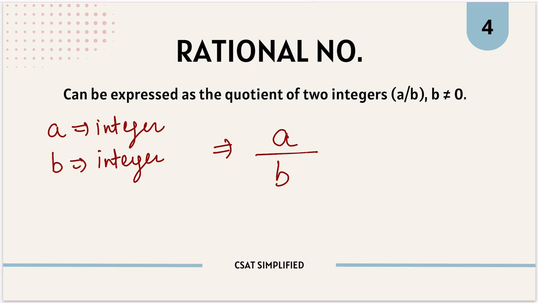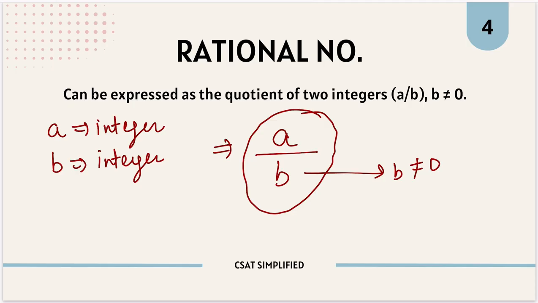If a number is represented in such a way that it takes two integers and dividing them gives us a new number, that new number is known as a rational number. The only condition is that b cannot be 0. That's the only condition you need to understand here. Take two integers, divide them by each other, but b cannot be equal to 0. Then a by b is a rational number.